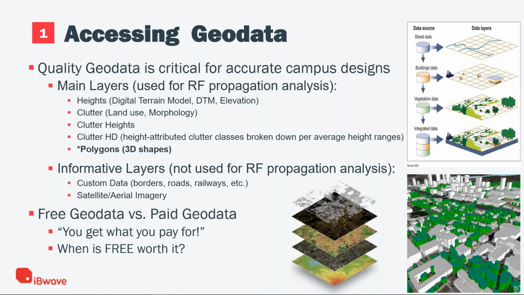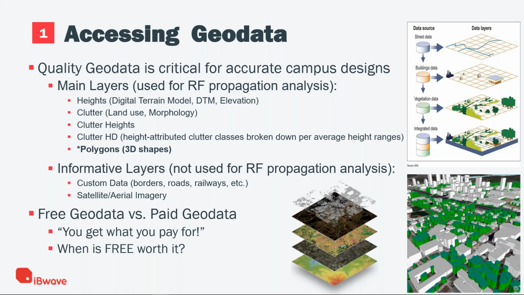And so the focus on the signal impact has really grown to focus on those particular layers. Initially, we focused on non-propagational impactful layers like railroads and streets and borders and such, and even satellite imagery when it finally came about.